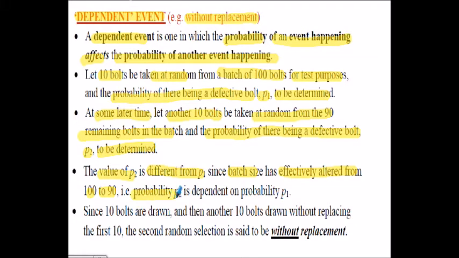That is, the probability of P2 is dependent on the probability of P1. Since 10 bolts are drawn and then another 10 bolts are drawn without replacing the first 10 bolts, the second random selection is said to be without replacement.